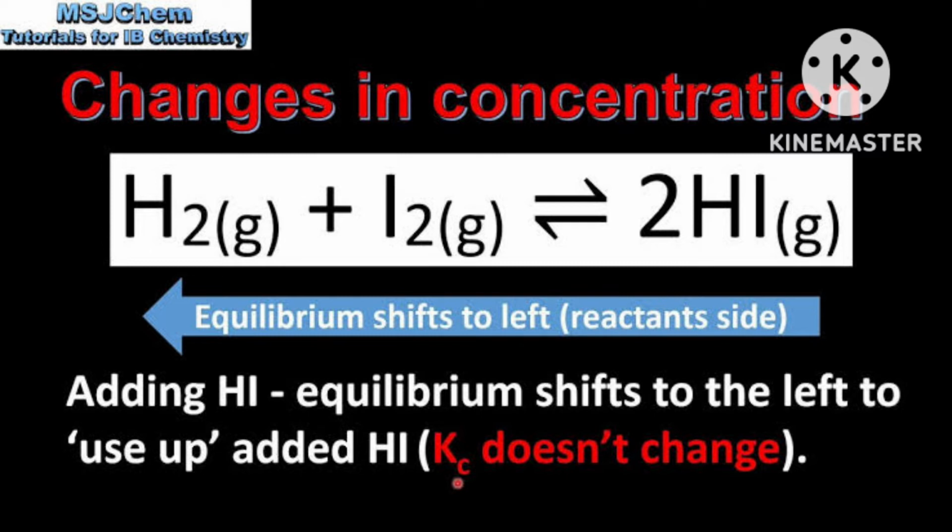And I have told you about heterogeneous equilibrium. Now consider heterogeneous. In a heterogeneous equilibrium, the effect of pressure change on solids and liquids can be ignored. Here again I am telling you, heterogeneous means the phases will be different.